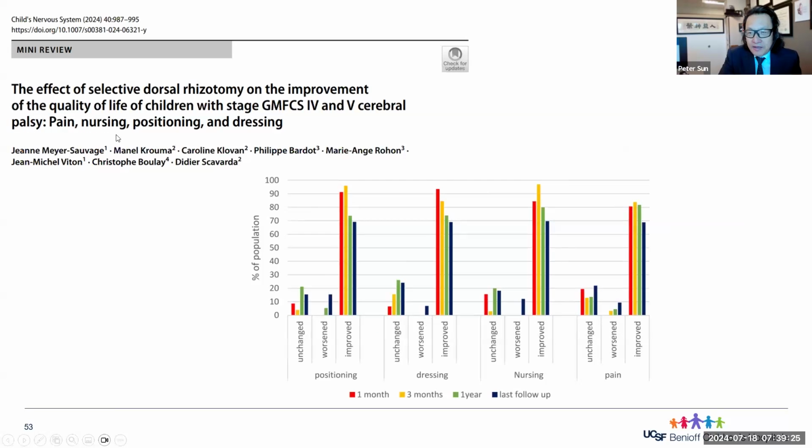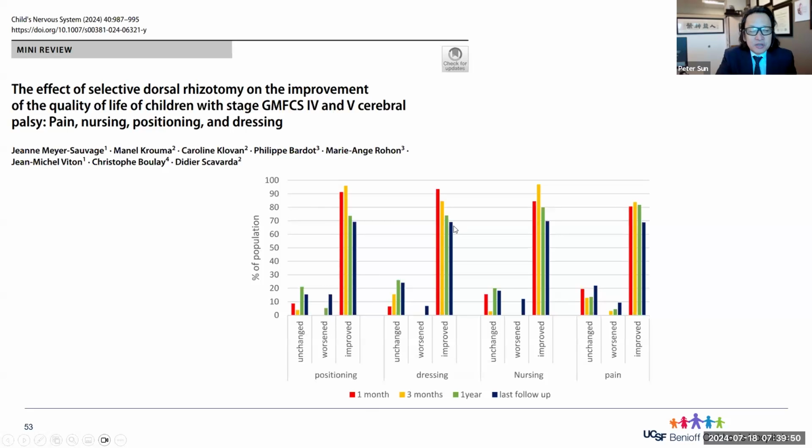We also have literature, also published this year, that suggests selective dorsal rhizotomy improves the life of children with level 4 and 5 cerebral palsy. Pain, positioning, and dressing are all significantly improved.